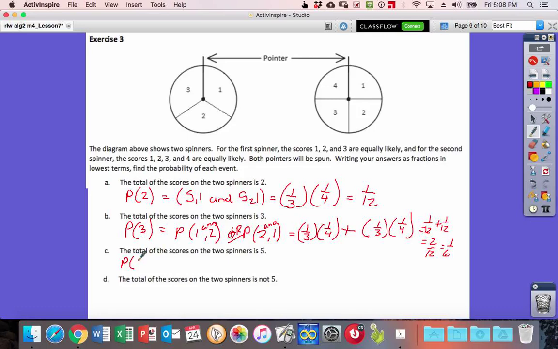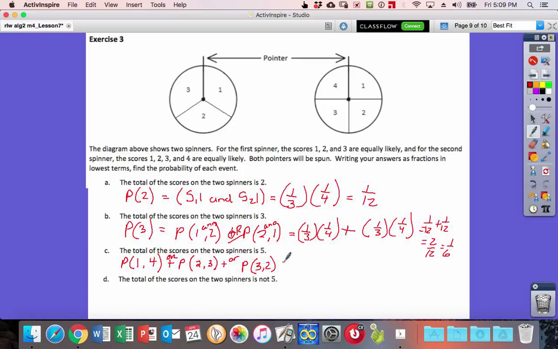Well, I could have 1 and 4, or, I'm saying it's an or, I could have, let's see, let's try, how about 2 and 3, or I could have 3 and 2, or, let's see, total, I could have 1 and 4, 2 and 3, 3 and 2. Okay, and what about if I did it in a different order?